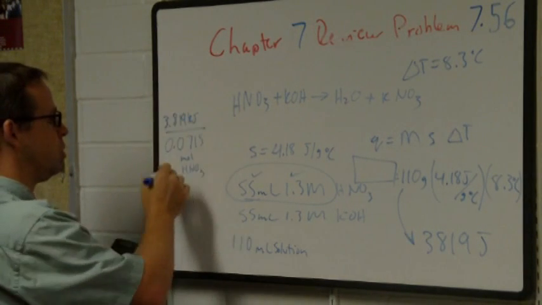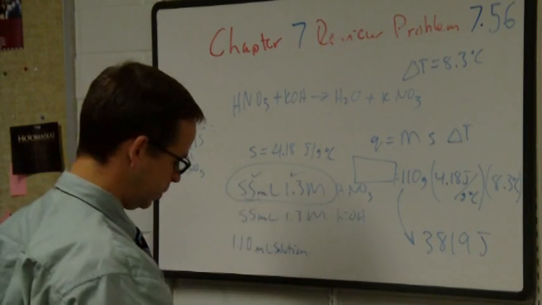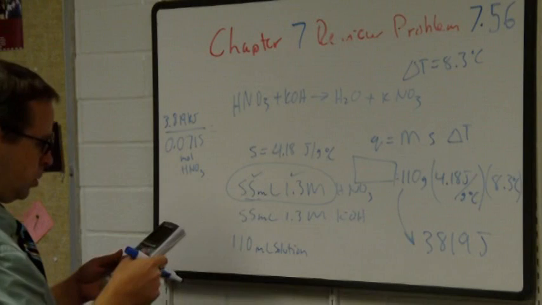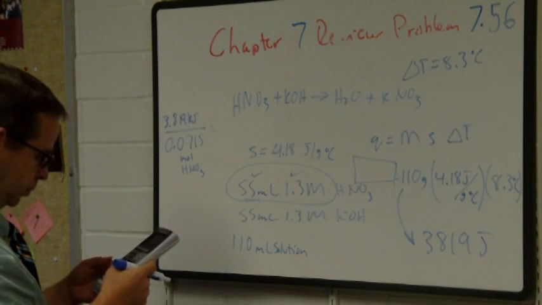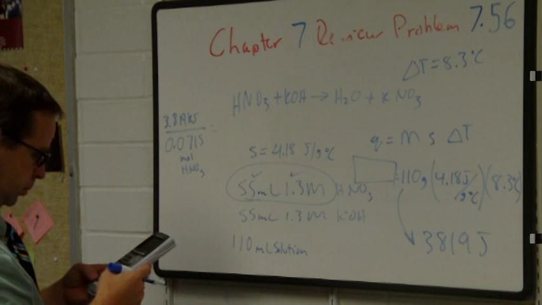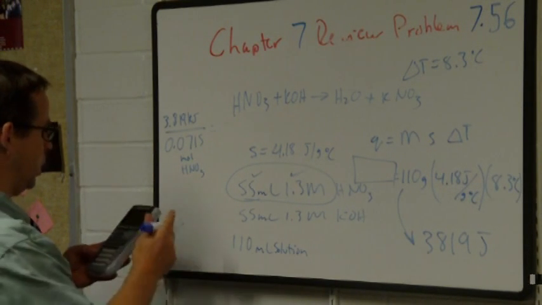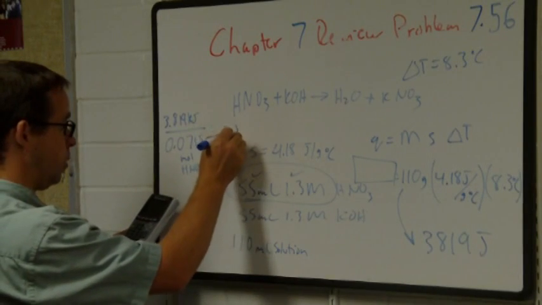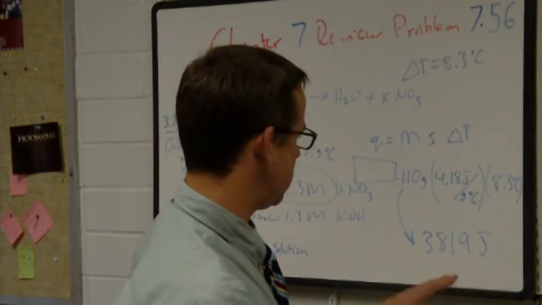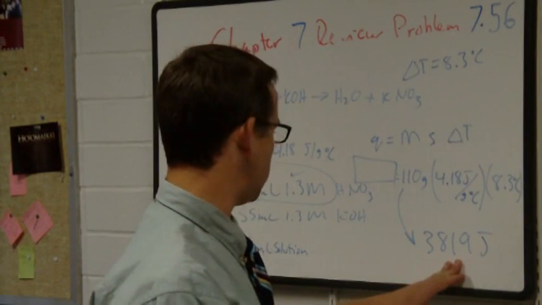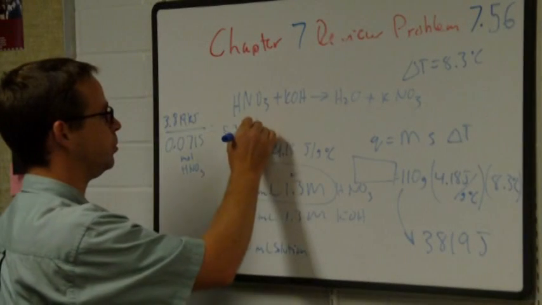This will give us an answer in kilojoules per mole. I'm getting 53.4 kilojoules per mole. So this is our first one, joules, heat of reaction, and then 53.4 kilojoules per mole.